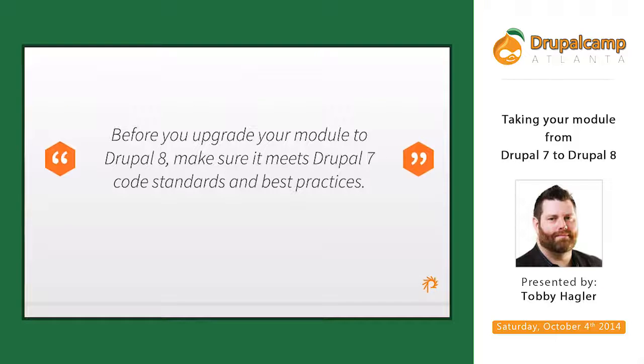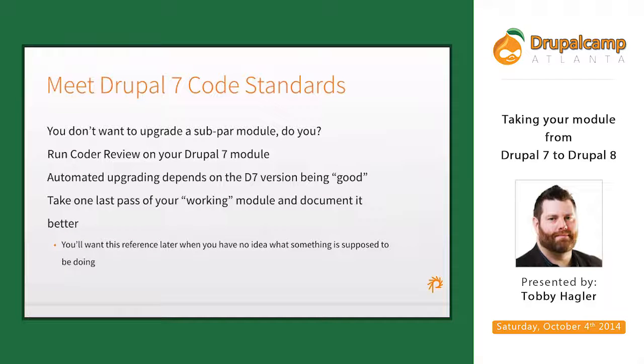So, all right. Now this is important. I want to take a second just to pause to let this concept sink in. Before you upgrade your module to Drupal 8, you want to make sure that your Drupal 7 version is meeting all of the best code standards and practices. That's a really big step in upgrading a module from 7 to 8.